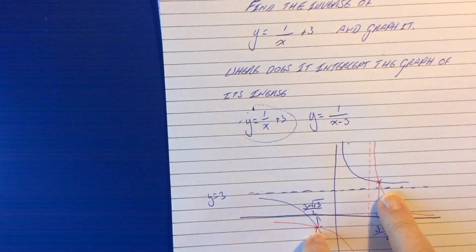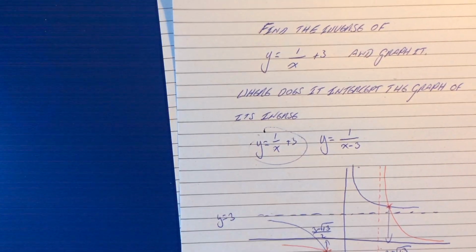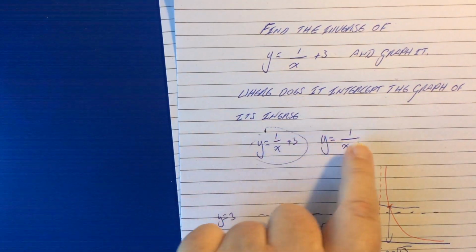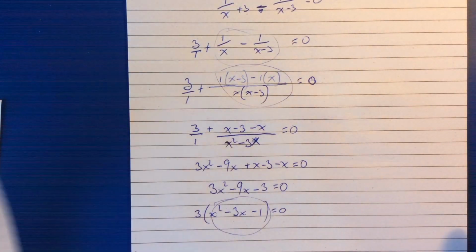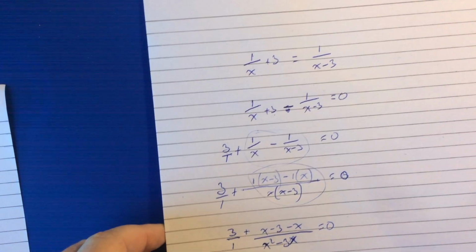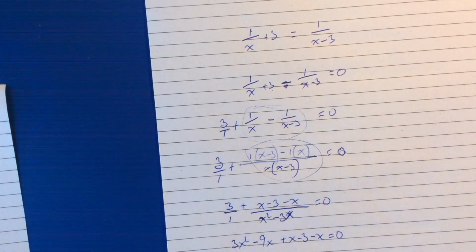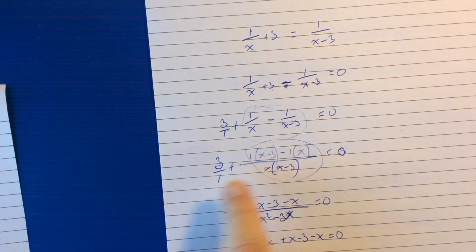They intersect at 2 points. In order to find those points, we make this equal to this, and the working for that is here, and it's simply the most complicated part of this. The stuff that would throw people, I suspect, is the subtraction of these fractions here.